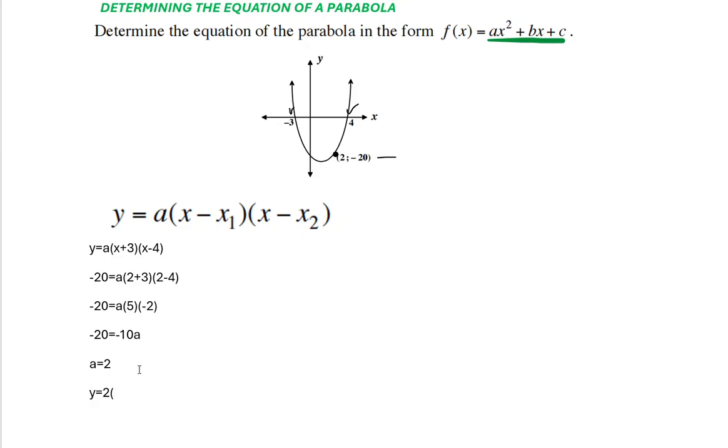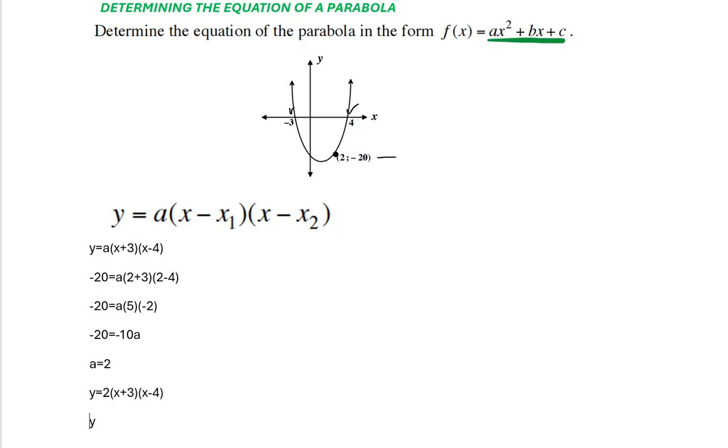Then you open your bracket, x plus 3 again, then x minus 4 again. You go back to the equation, but this time you substitute your a.